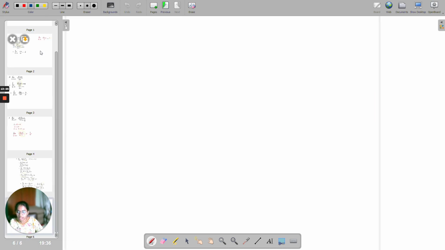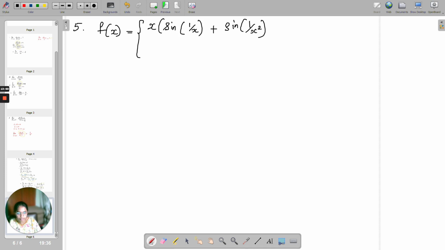So now next one, let me solve a question from the JEE book. The fifth one. They are saying f of x is equal to x into sine of 1 by x plus sine of 1 by x square at x not equal to 0, and this is 0 when x is equal to 0.